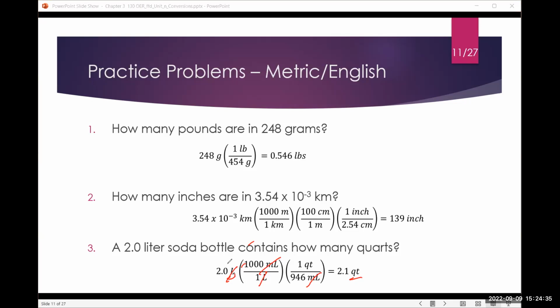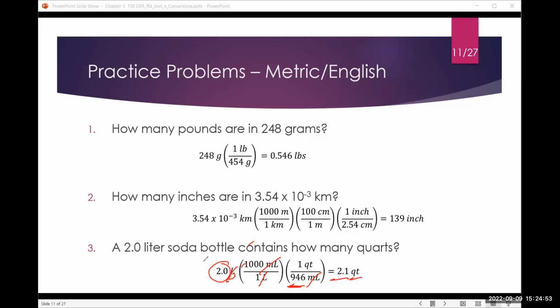your Sig Figs. And notice here, we start off with 2.0 with 2 Sig Figs. Remember that this conversion factor could play a role, but it has 3 Sig Figs. So I'm saying our answer would have 2 Sig Figs.